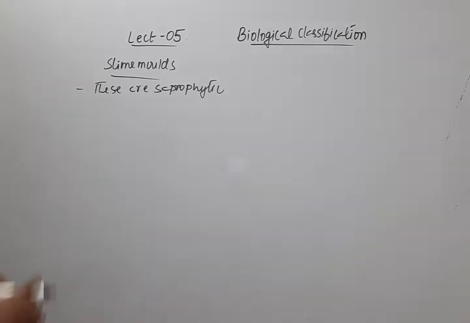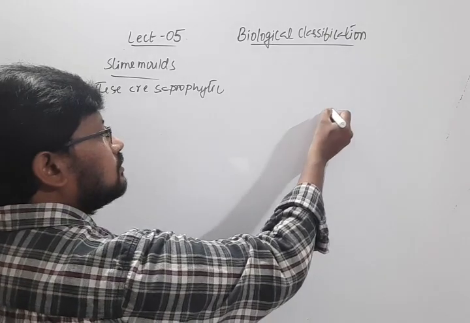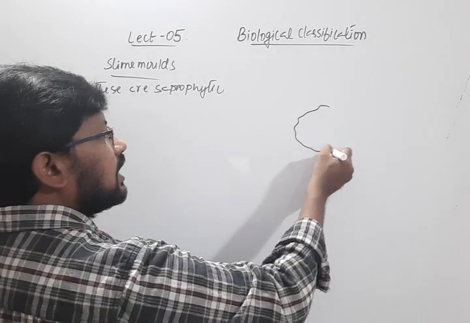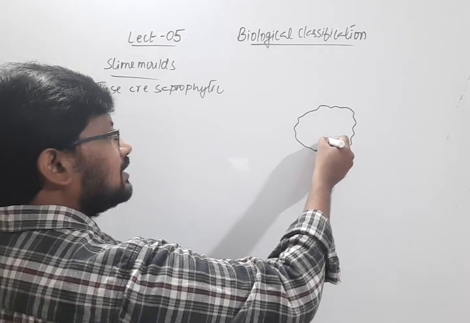Those are called saprophytic organisms. So these slime molds are saprophytic, and the body of the slime mold grows along decaying twigs and leaves, and as it grows on them, its body size increases.